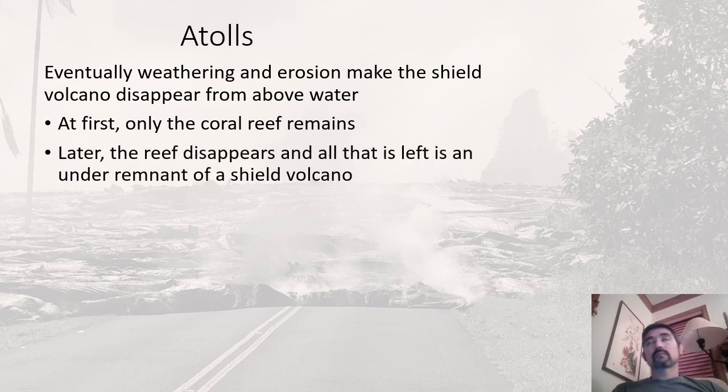And then as Hawaii's Pacific Plate keeps moving further and further north, this coral can't survive in the colder waters, and so the coral dies off, and then what you're left with is the remnant of a volcano, which is either a guyot, which is like a flat, table-like remnant of a volcano, or a seamount, which is basically a cone-shaped underwater remnant of a volcanic island.